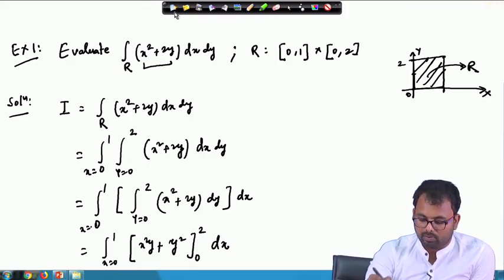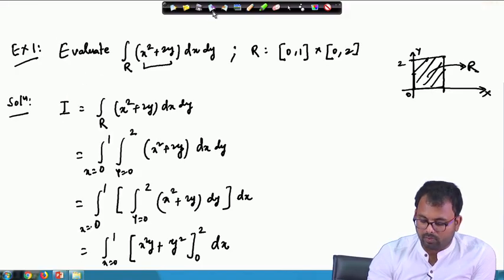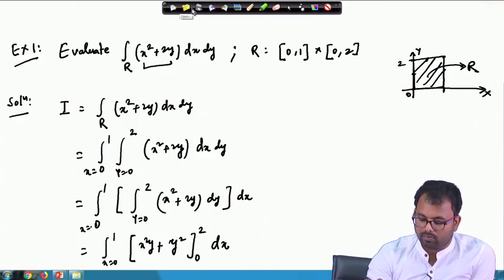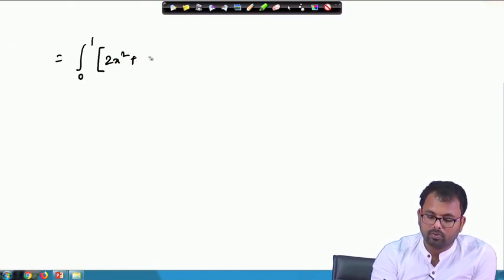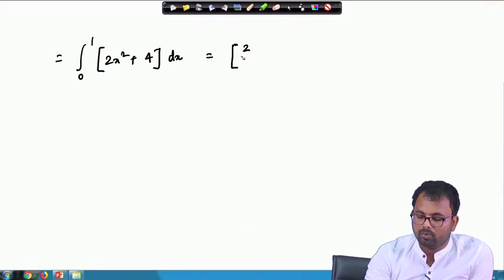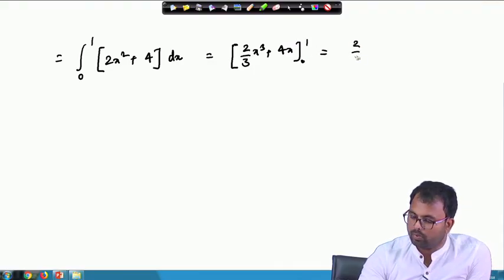If I substitute the values, then this will be the integral from 0 to 1 of 2x square plus 4 dx, and after we integrate this, it will be 2 by 3 x cube plus 4x from 0 to 1, and this will be 2 by 3 plus 4.